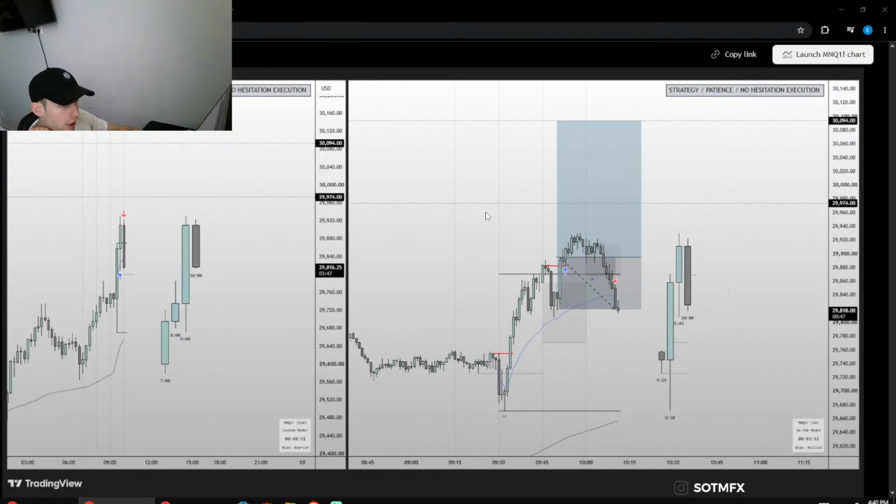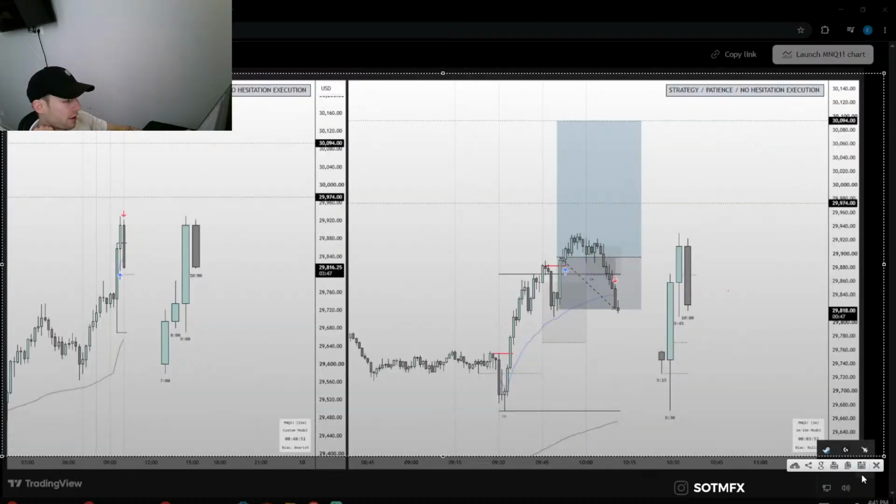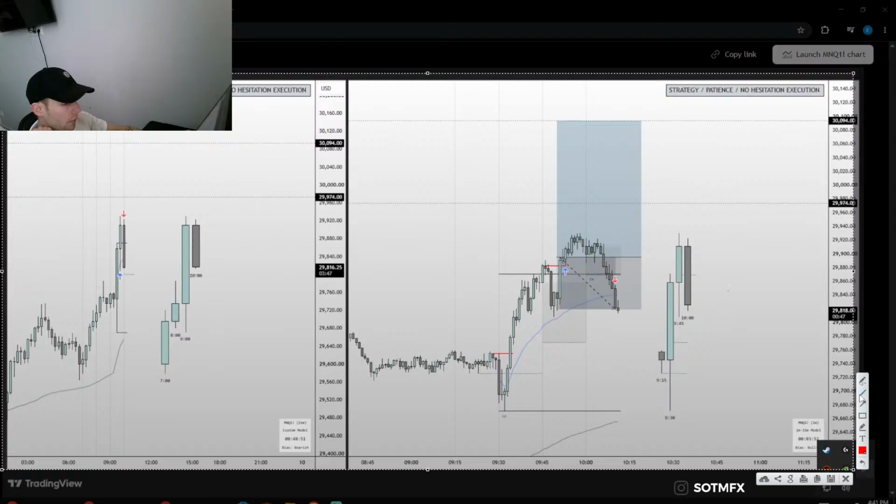Price first did break the opening range high, then came back and retested.